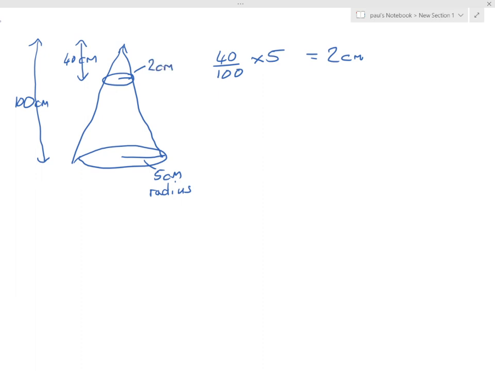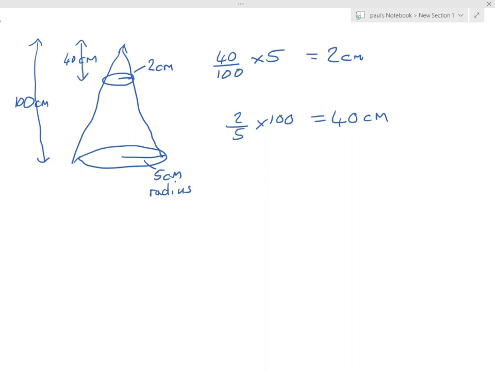So we use the ratio between the heights to find the radiuses, or you can do it the other way around, can't you? If you knew the whole height was 100 and you knew 2 and 5 but you didn't know 40, you could just go 2 over 5 times 100 equals 40. So you can find the missing height or the missing radius.